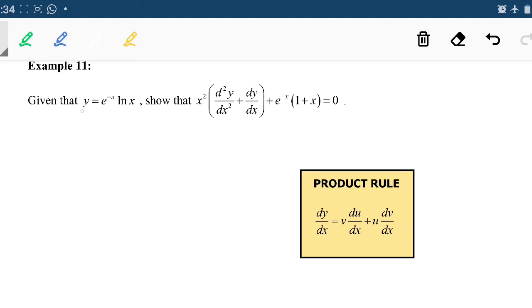We differentiate this function. To differentiate this function, we use the product rule.